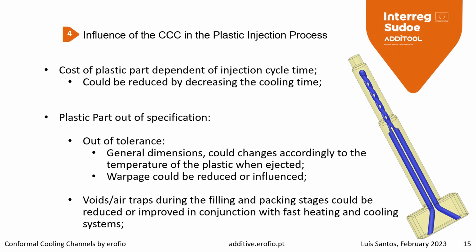This could be avoided or reduced by the conformal cooling channels. Warpage could be reduced or even influenced. Sometimes in everyday practice, they change the temperatures of the cooling channels to induce warpage for a positive effect.